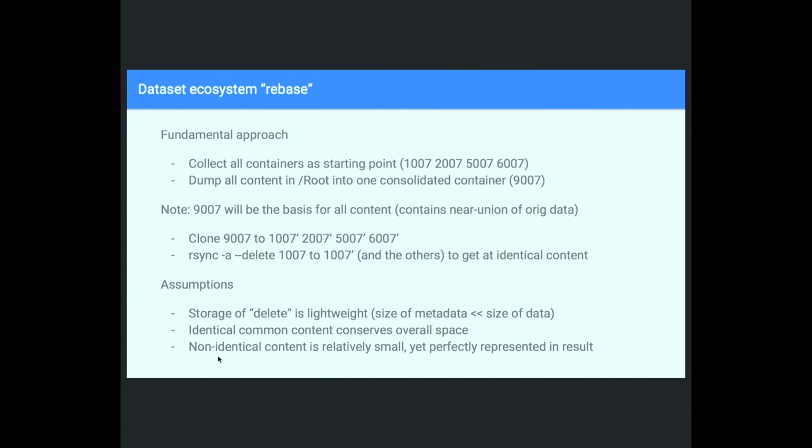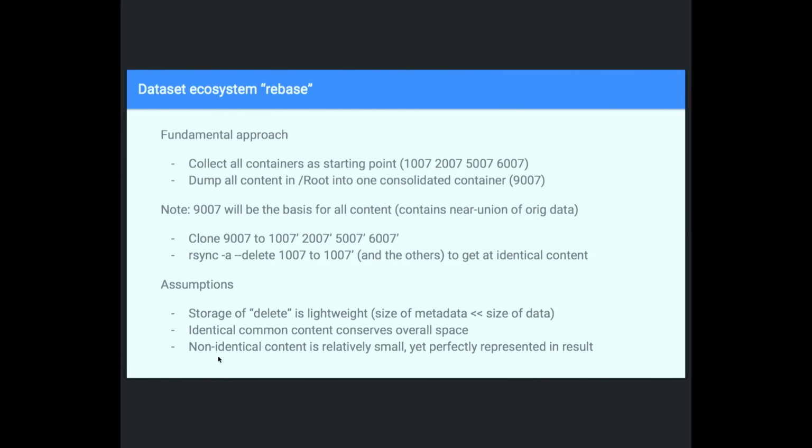It will be simply encoded once in your result, and there will be non-overlap. There will be files that differ, and there will be conflict. But the notion is that the percentage of data that may differ, for example your package database may differ for each individual container, for the storage footprint, that portion of the data is much smaller than what is common.